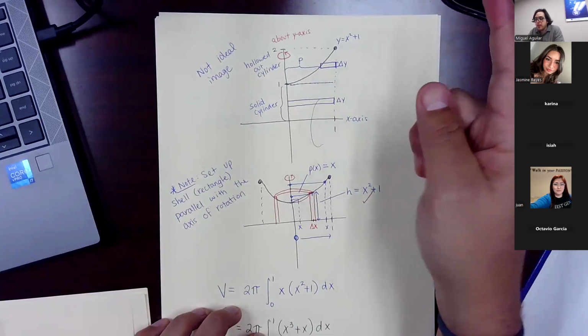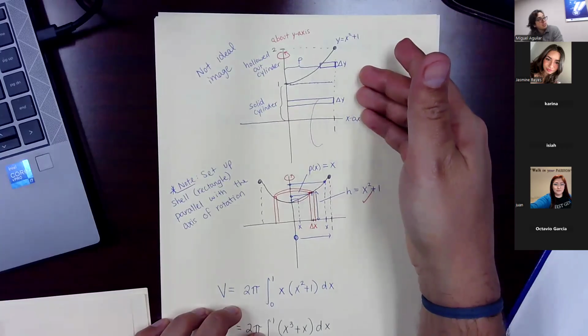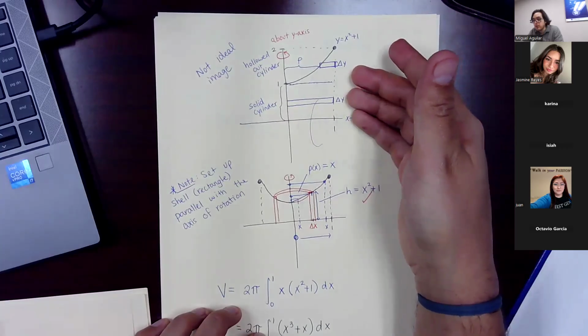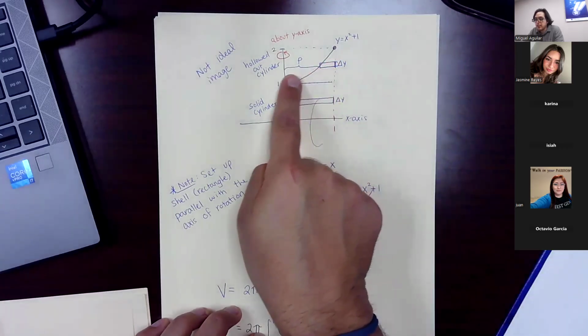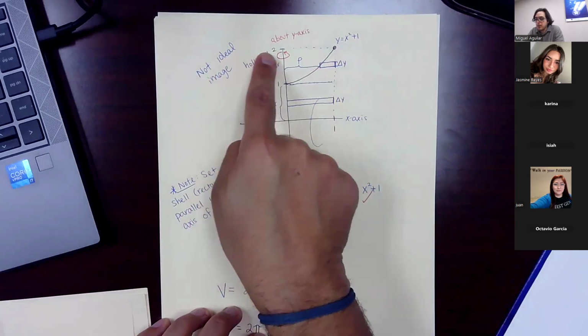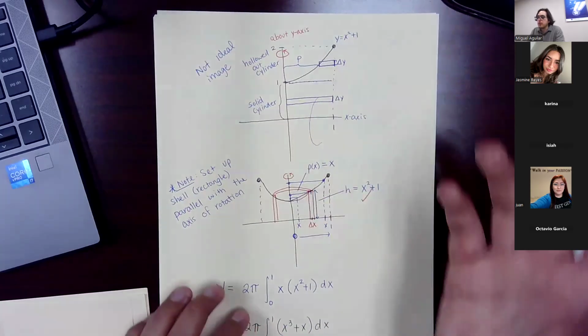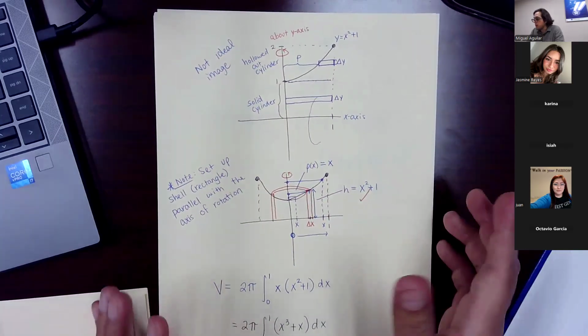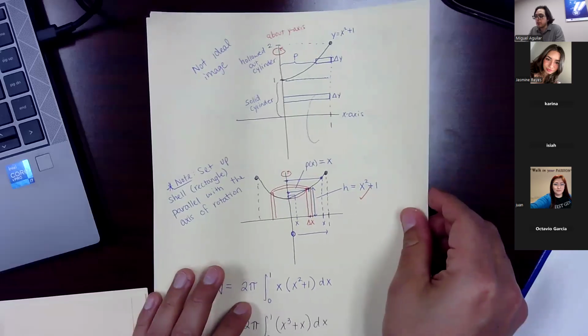However, if we had thought about whether we could have applied the disk method, writing this function in terms of y, then we could have rotated a disk around the y-axis in this direction. So I want to show you guys that you can use the disk or the washer method to find this same integral, but it is a little bit trickier.